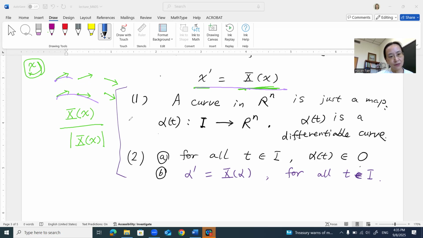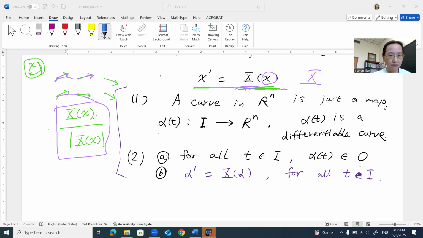Those little arrows mean that at each location of the domain of the map capital X, you can indicate a direction. Once we normalize capital X, we get a unit vector, and you can indicate little arrows of the same length.